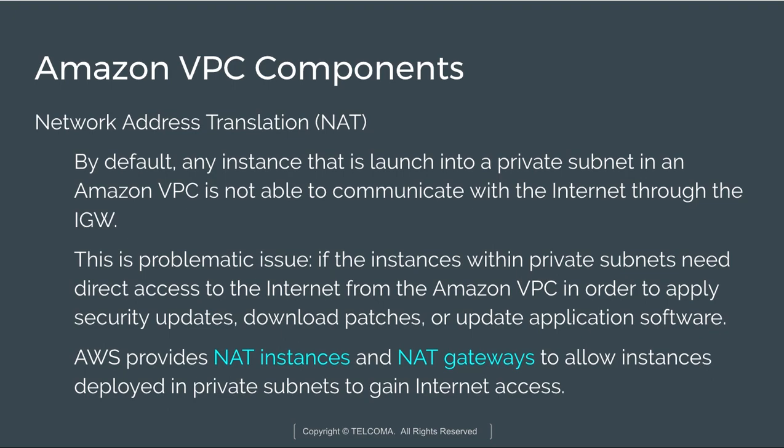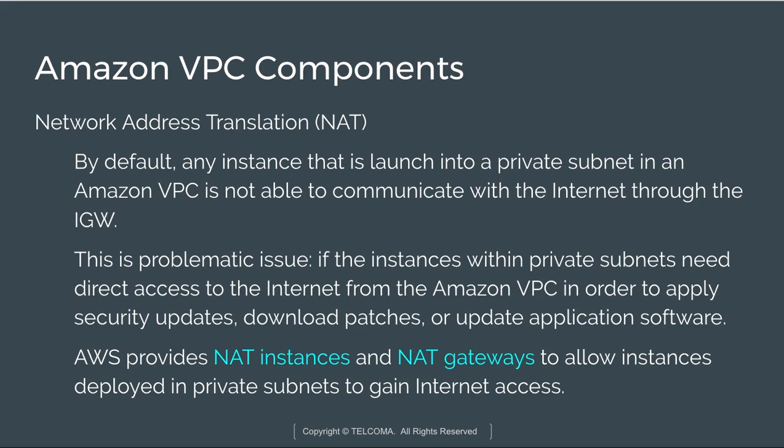Next we have NAT, which is network address translation. By default, any instance that we launch in a private subnet in a VPC is not able to communicate with the internet through the internet gateway. So this is an issue.